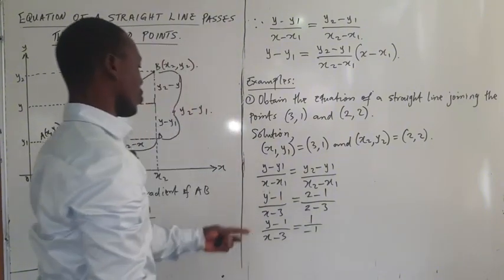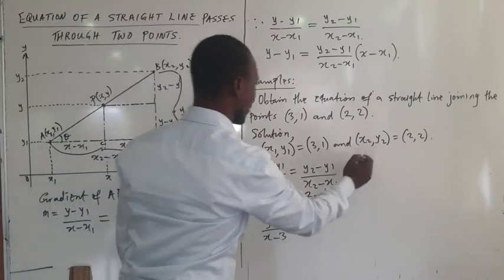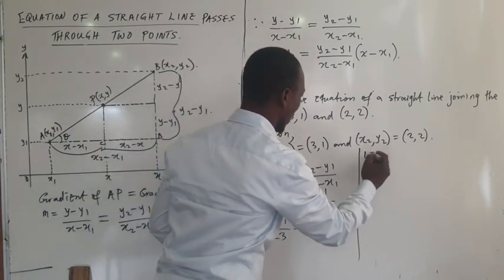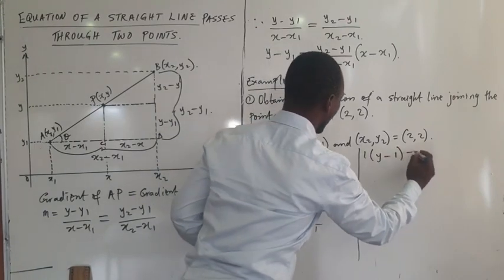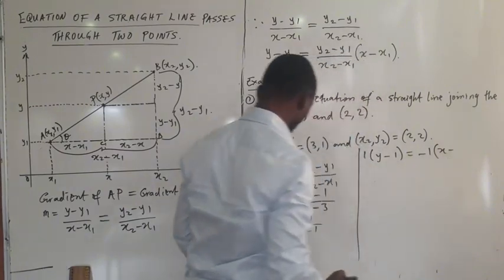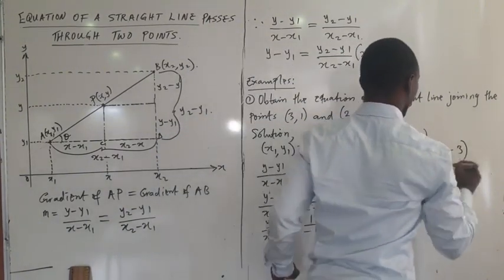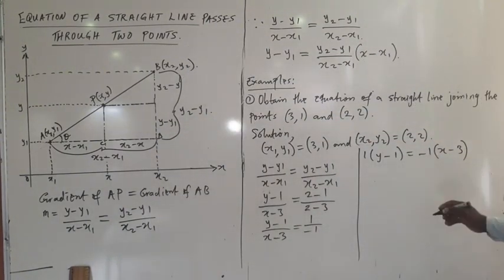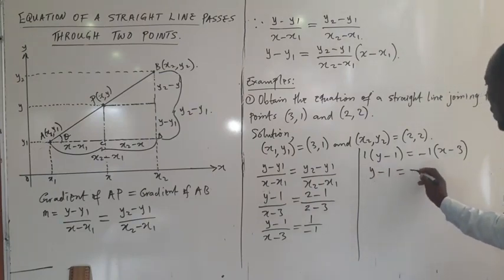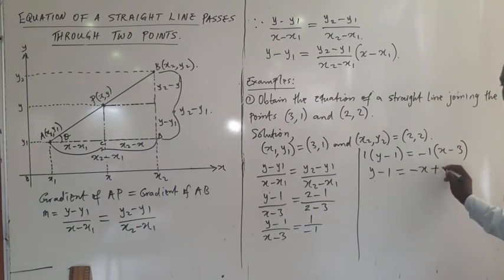So the next thing to do is to cross multiply. If you cross multiply, we have 1 into (y minus 1) equals minus 1 into (x minus 3). So the next thing to do is to open the bracket. We have y minus 1 equals minus x plus 3.